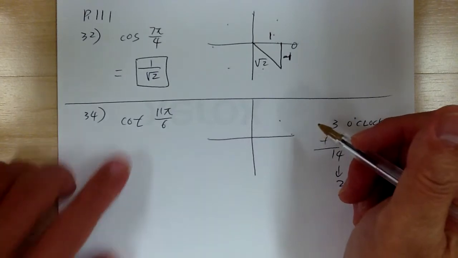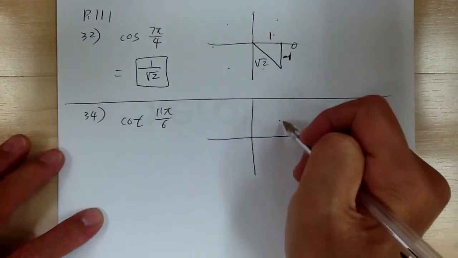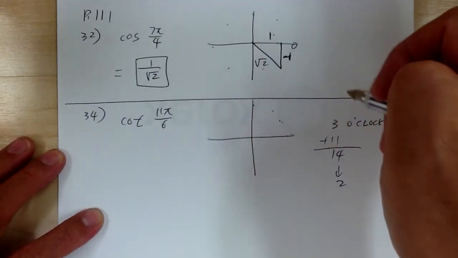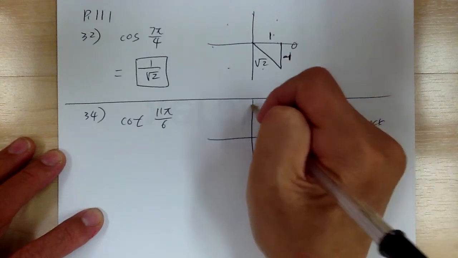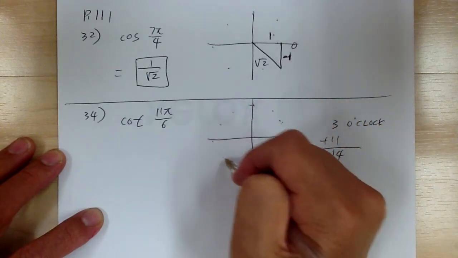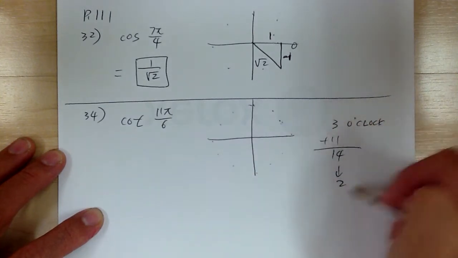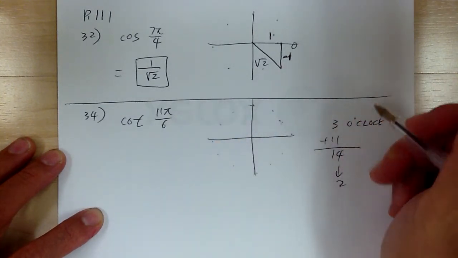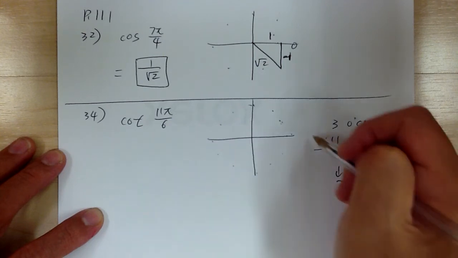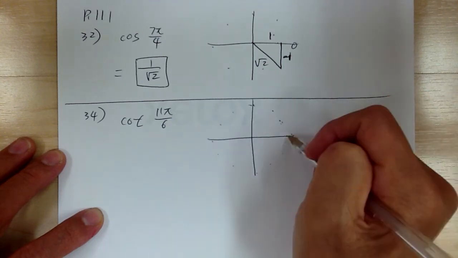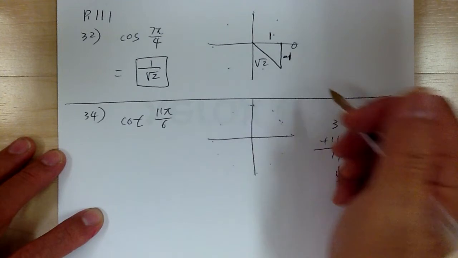And if not, let's try counting, right? So it's 1, 2, 3, 4, 5, 6, 7, 8, 9, 10, 11. Oh, back up. You have to go the opposite direction. I'm going the wrong direction. So you actually have to go this way.